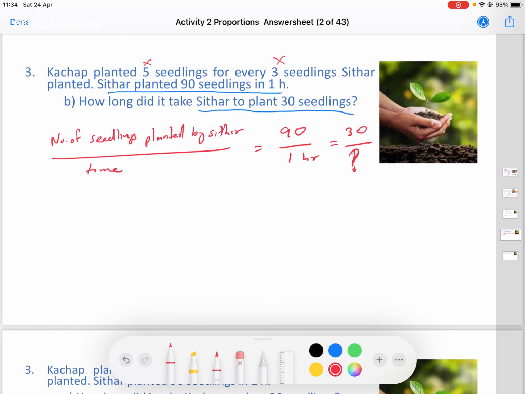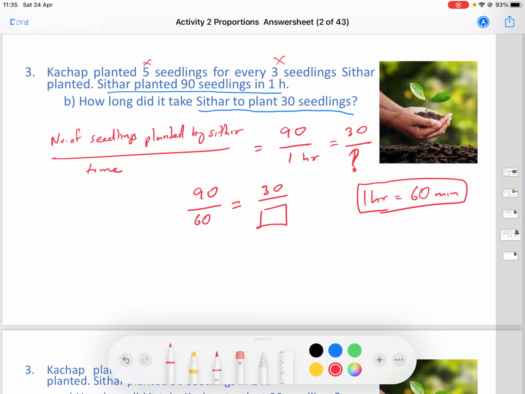Since it is less, it will take less than 1 hour. So we can divide that 1 hour into minutes. So let us say 90 seedlings in 60 minutes. Now we are converting 1 hour is equals to 60 minutes. So 90 seedlings in 60 minutes. To plant 30 seedlings, how many minutes is needed? 90 divided by 3 is 30.